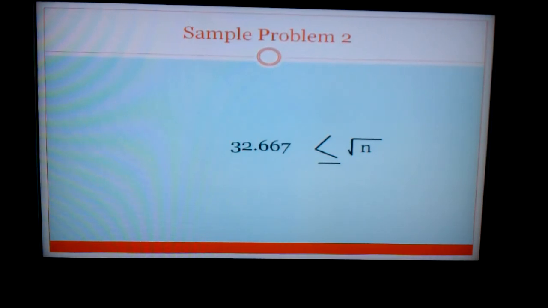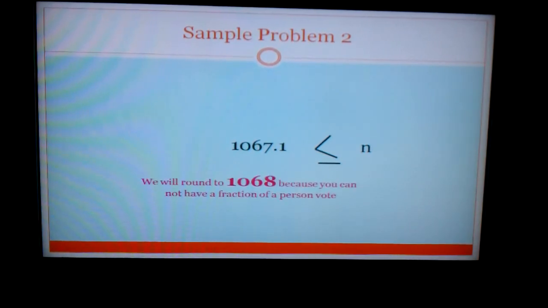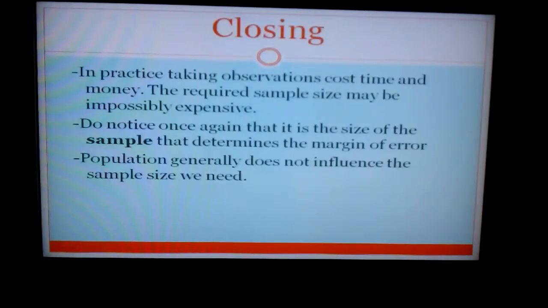We get 32.667 is less than or equal to the square root of n, then we square both sides and get 1067.1 is less than or equal to n. We will round to 1068 because you cannot have a fraction of a person vote.